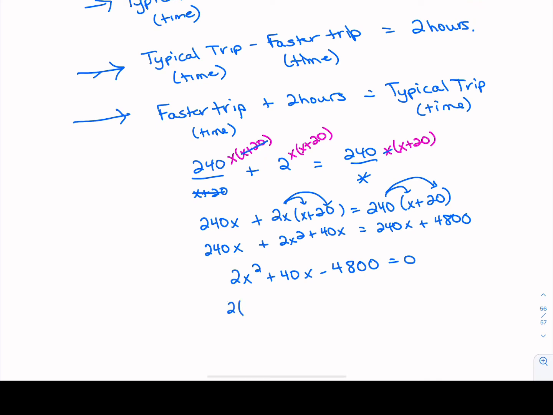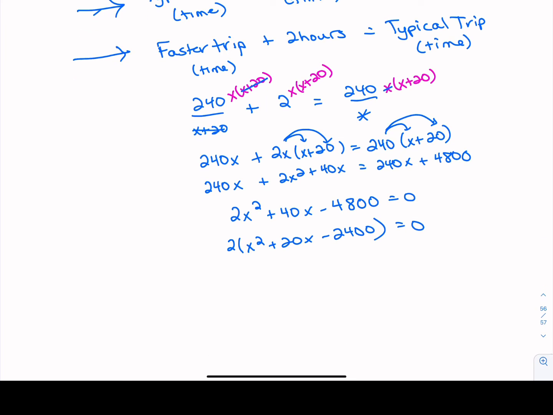You can factor 2 out to give yourself some smaller numbers to work with. So in this case, I'm dividing all terms by 2. And then you have your choice for how to solve this quadratic equation. You can factor it, you can use the quadratic formula, you could graph this function and look for the x-intercepts. The choice is really up to you, but in this case, it's actually not too terrible to factor.